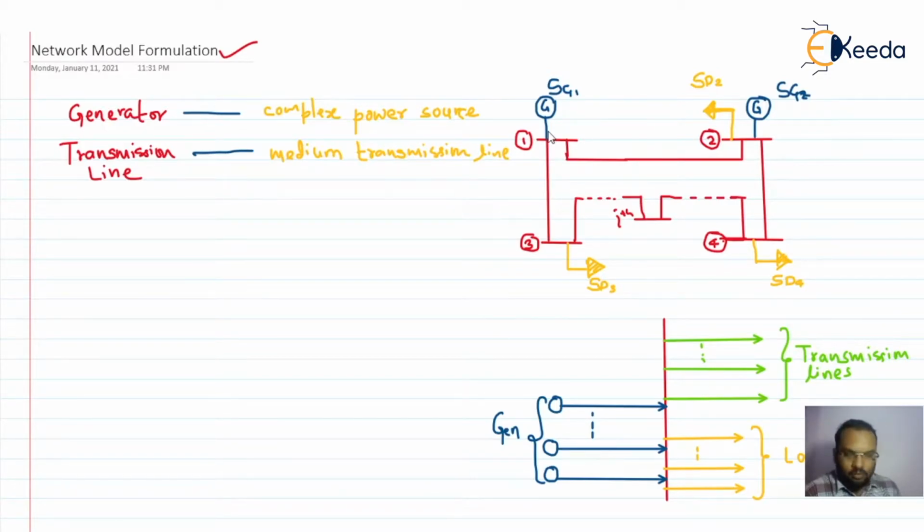Most of the cases you will come across the medium transmission line or the short transmission line. If you remember the modeling of the transmission line, we model the medium or short transmission line with its equivalent pi model.